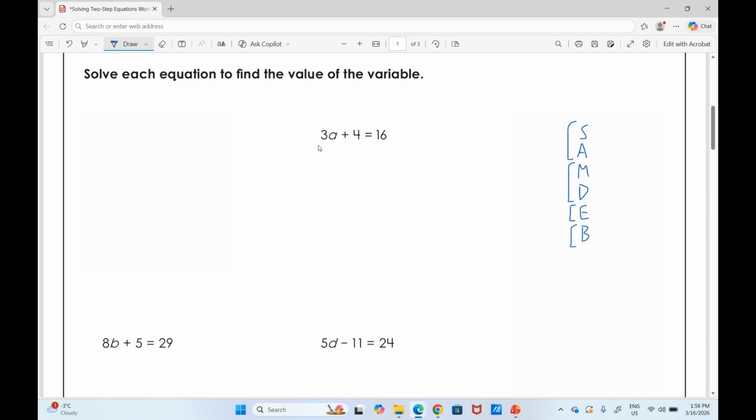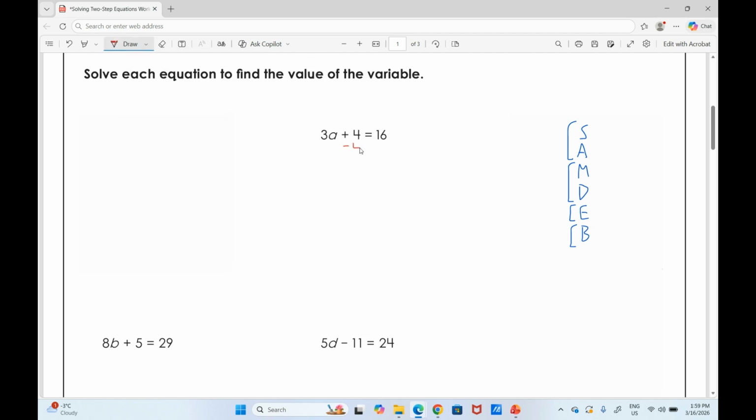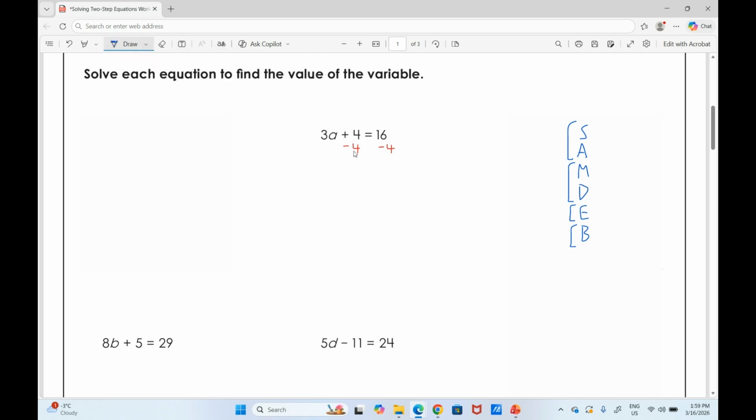So it looks like I'm multiplying a by 3 and adding 4 to it. According to SAMDEB, we want to undo the addition first instead of the multiplication. So I'm going to start off by subtracting 4 from my left side, and if I do that to my left side, I have to do it to the right side of the equal sign as well. Now 4 minus 4 is 0, so I just have 3a left.